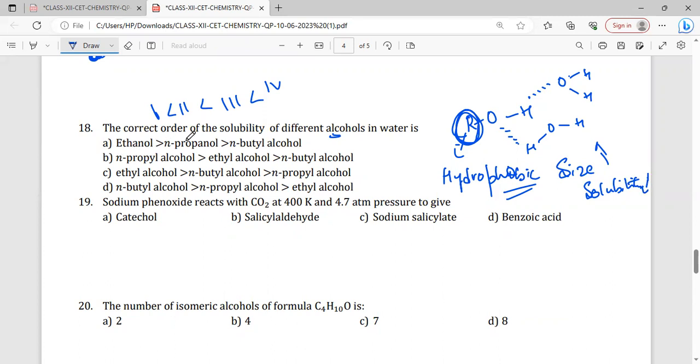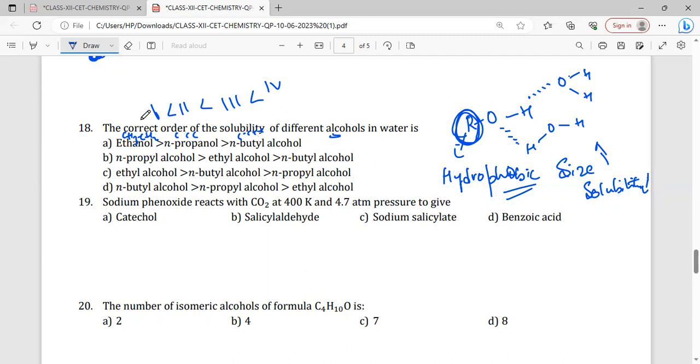So now observe. You have ethanol, propanol, and butyl alcohol. In ethanol, you have two carbons, CH3, CH2. Here you have three carbons, which means more hydrophobic. Here you have butyl, which means four carbons, a more hydrophobic group than propanol.